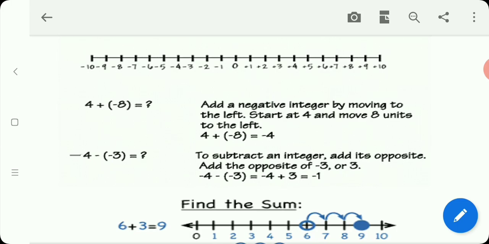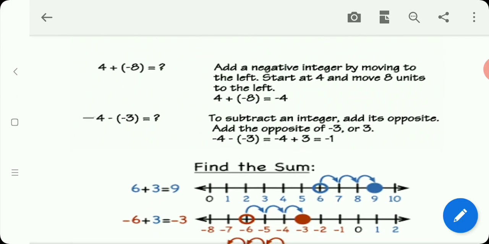That means you have to move towards right or left? Of course, towards the left. So 4 plus minus 8 means from 4, 8 steps towards the left. So the answer will be minus 4. Add a negative integer by moving to the left. Start at 4 and move 8 units to the left. So the answer will be minus 4. Similarly, this one also you can do.